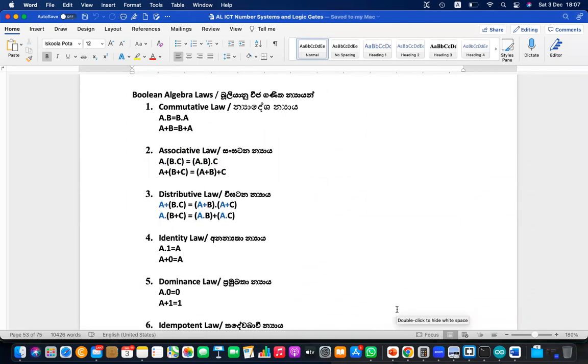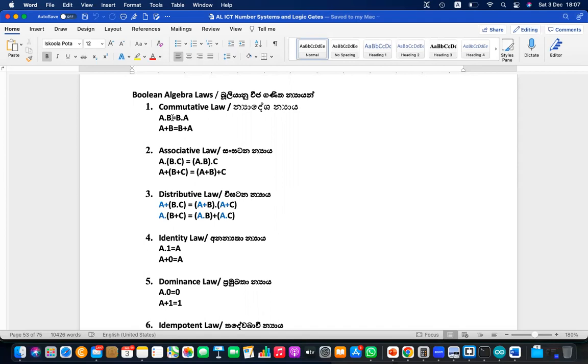Under the Boolean algebra laws, the first law is the commutative law. This is very simple. There are two operands or two inputs, or three inputs, any number of inputs. If the operator is the same, you can write it the other way.